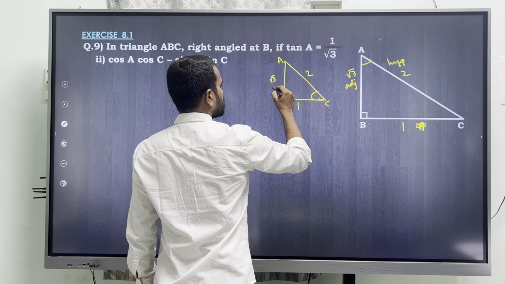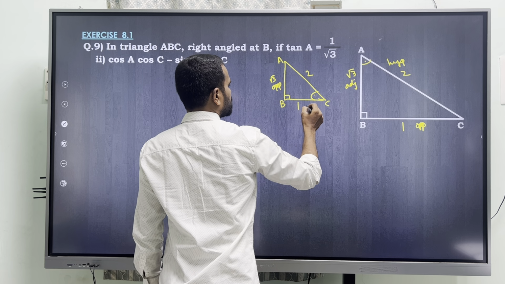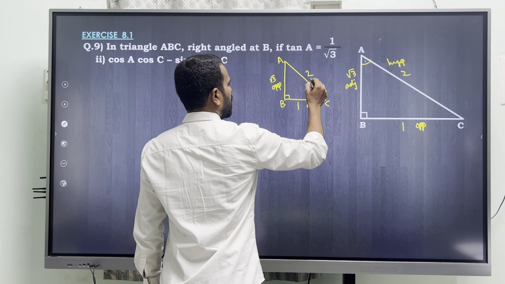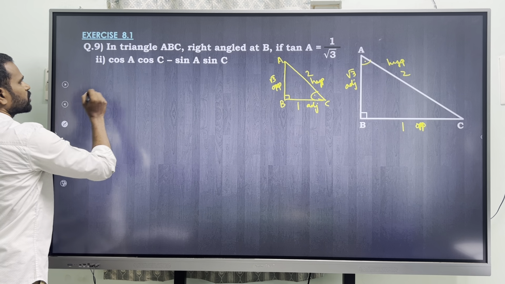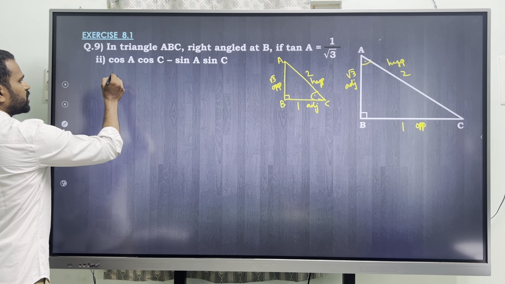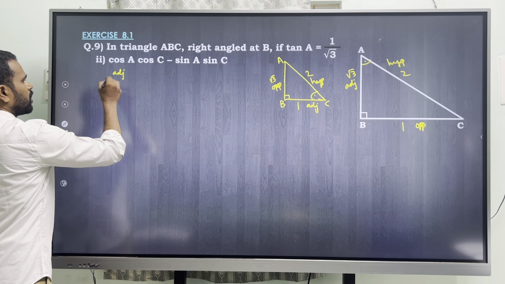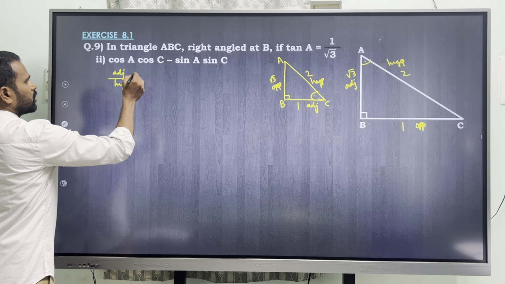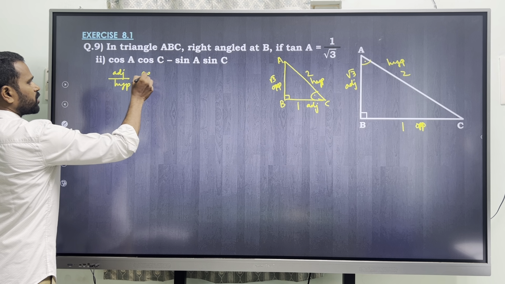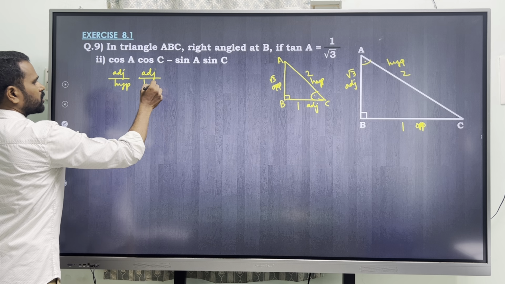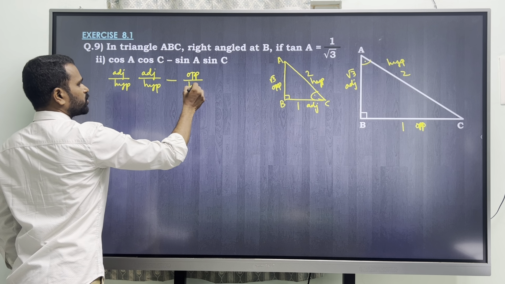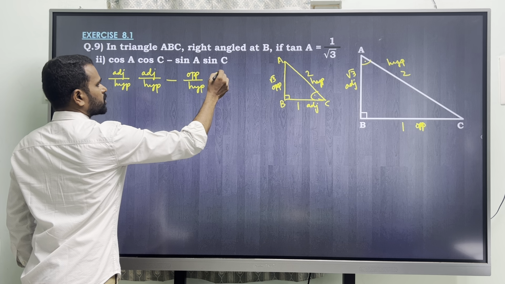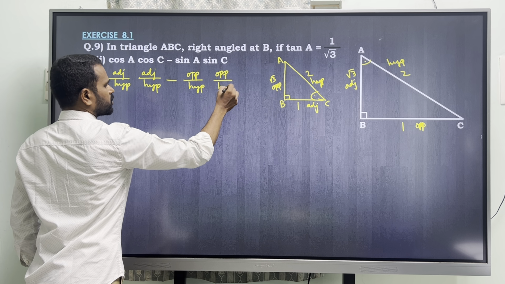When angle C is given, this is opposite and this is adjacent and this is hypotenuse. Now what is the cos A definition? Cos means adjacent upon hypotenuse, minus sine, which is opposite upon hypotenuse.